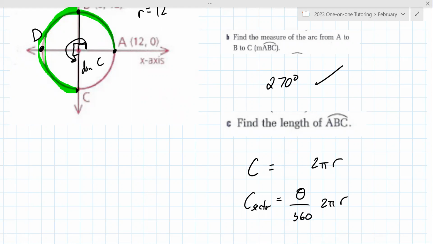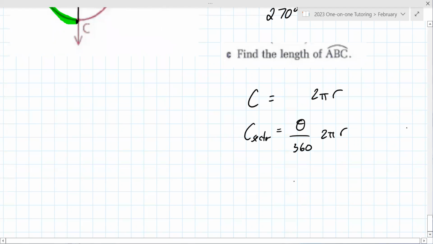Okay. Is it 6 pi? Sounds pretty reasonable.